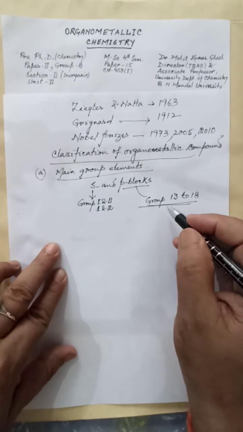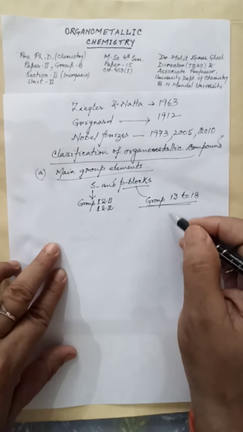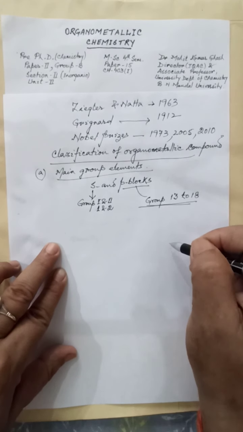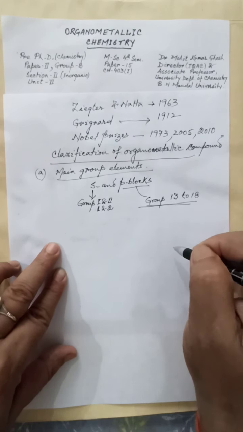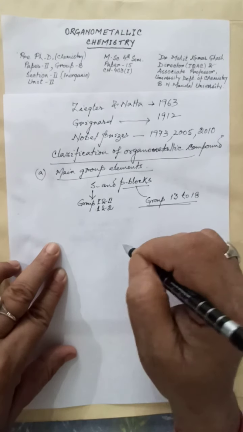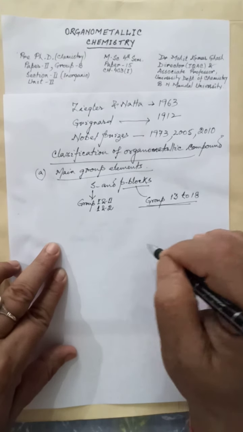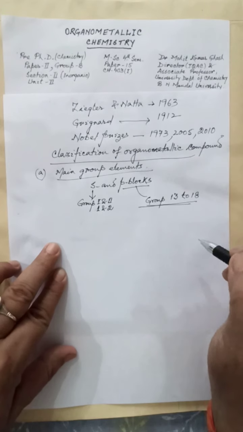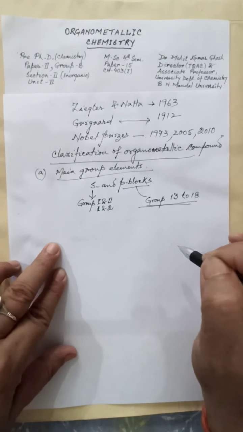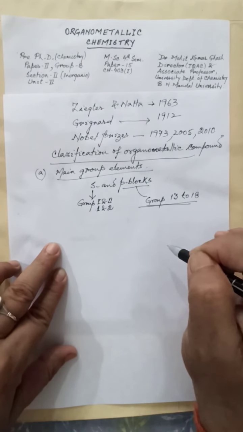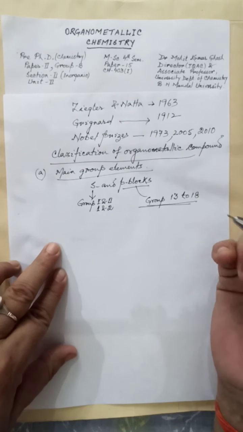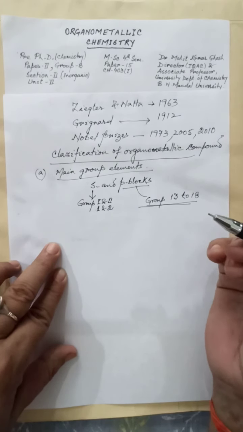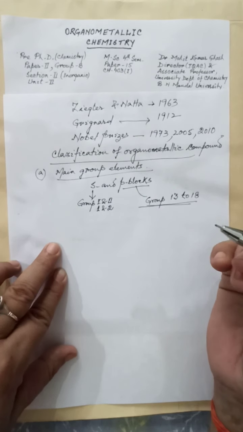If you go down in the group of the P block elements, you will find the metallic character increasing downward. So there will be a difference of electronegativity in comparison to carbon, and you can assess the nature of the compounds with your knowledge of periodic properties.